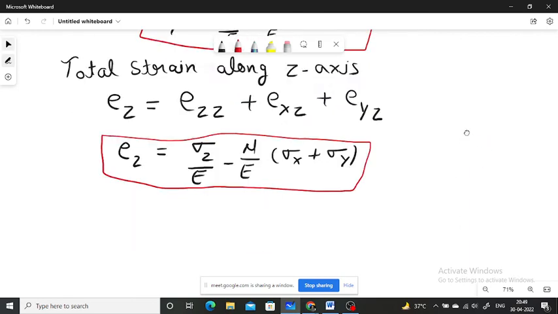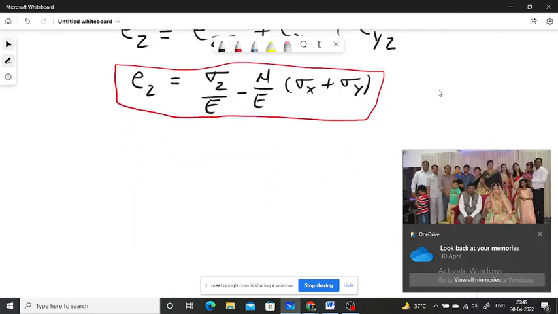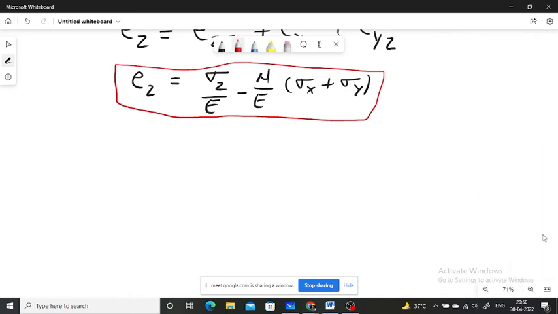Okay, if the shear stress in x direction is tau x and modulus of rigidity is G, then in that case shear strain in x direction will be equal to the shear stress tau x upon modulus of rigidity.